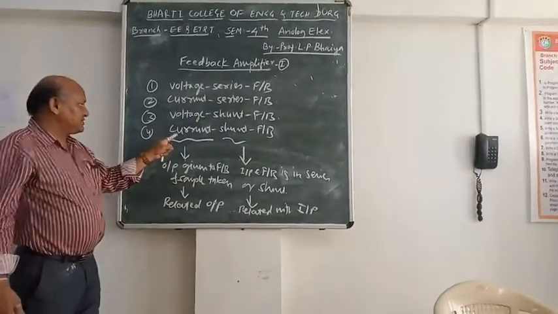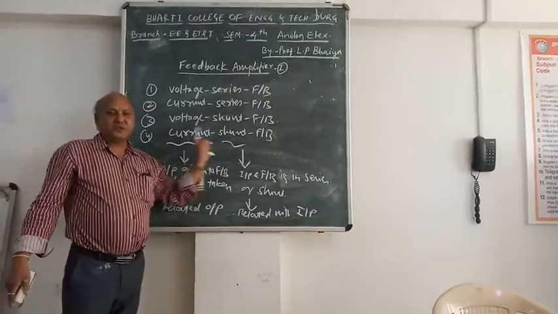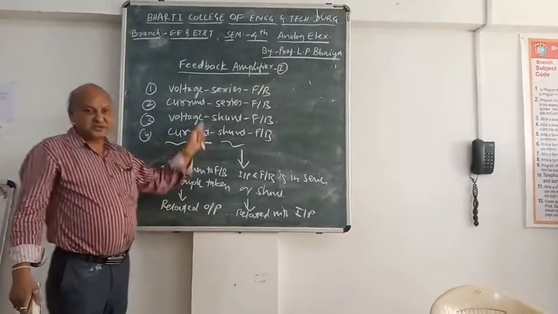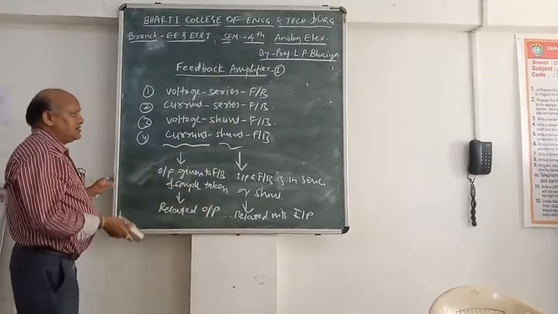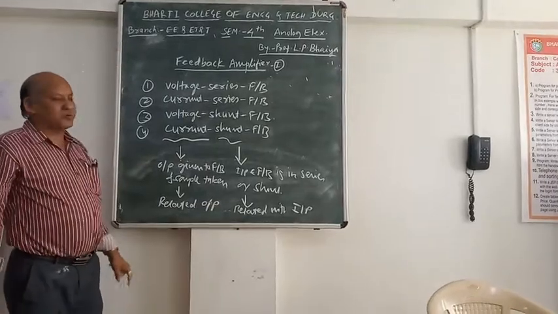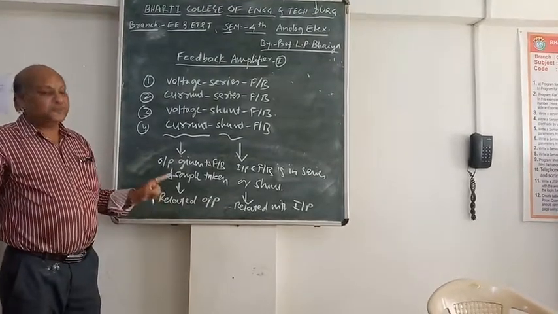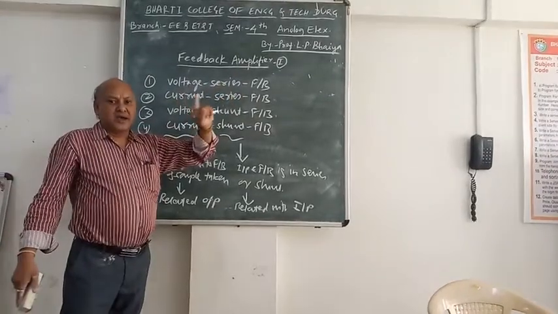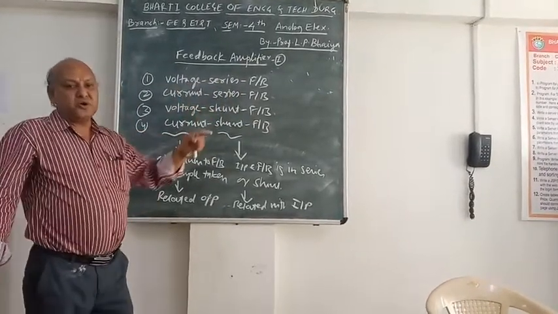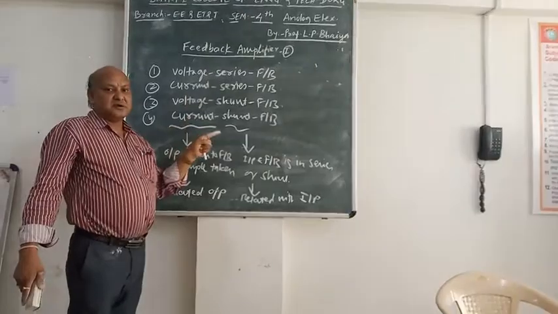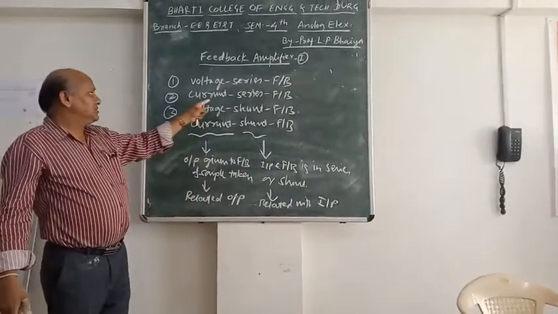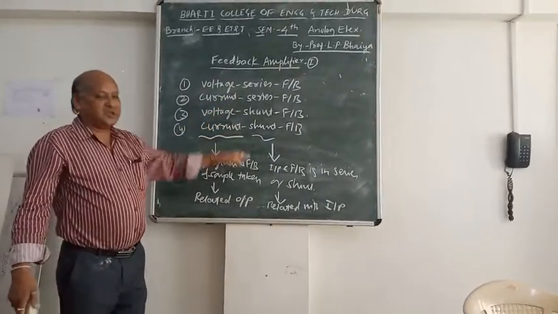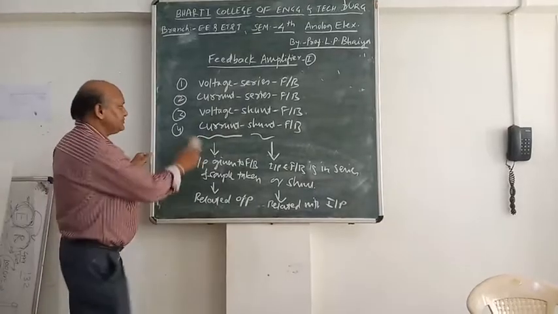And current shunt: output is a current sampling and input is a shunt mixing. So these four topologies are available in the feedback network. Now we will go to the voltage series feedback, and in the next video we will go for the other three types of feedback.